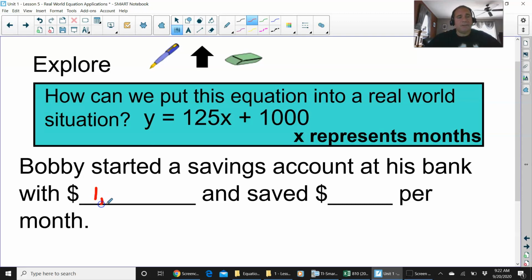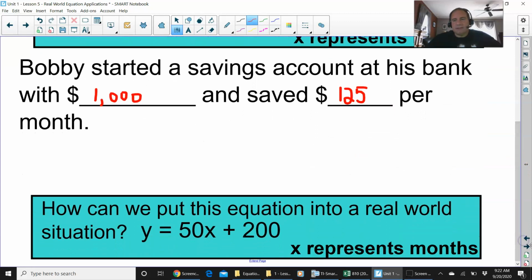If you put 1,000, that is correct. Good. And then obviously there's only one other number here, and that is 125. So 125 he was saving per month, and he obviously had 1,000 to start with.